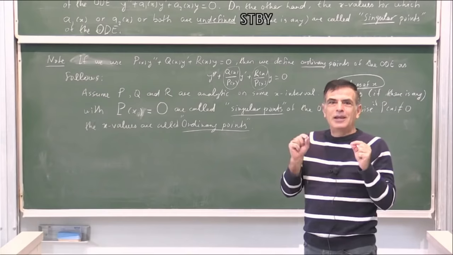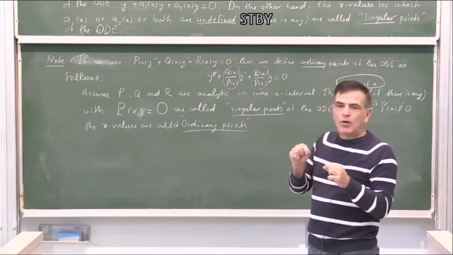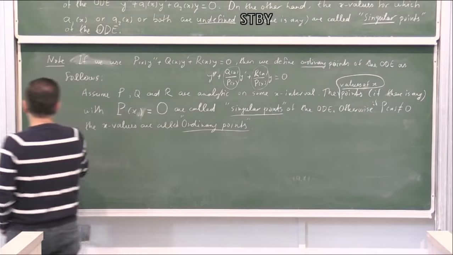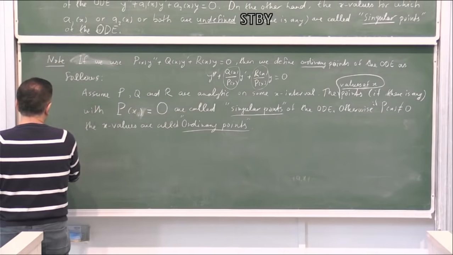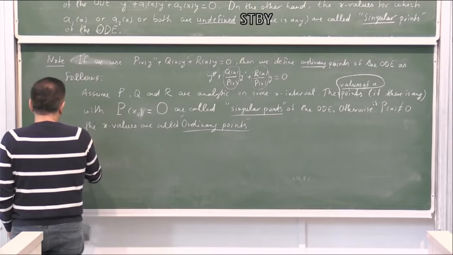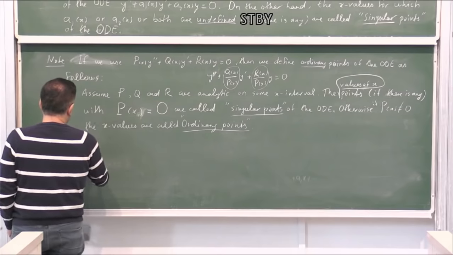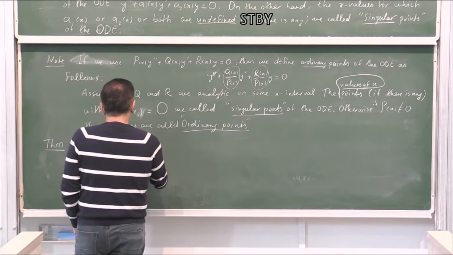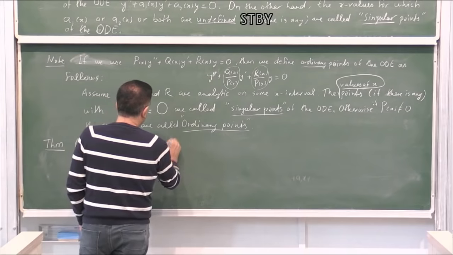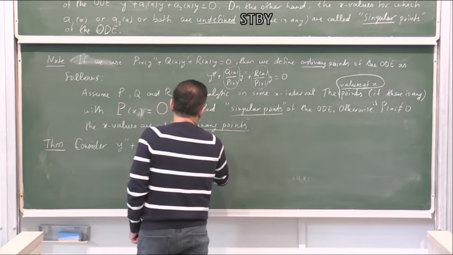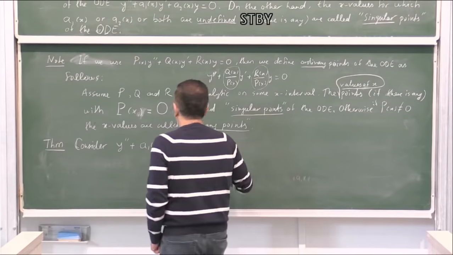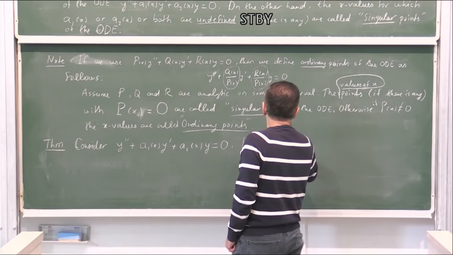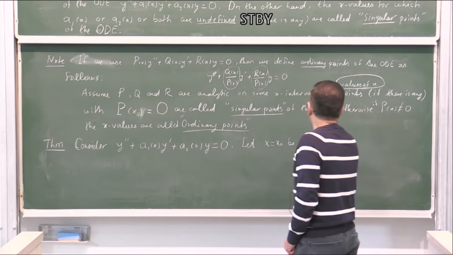The solution can be taken as the sum of its Taylor series expansion. Okay? So we give the following theorem. Let's consider y double prime plus a1 of x y prime plus a2 of x y is 0. Let x0 be an ordinary point.